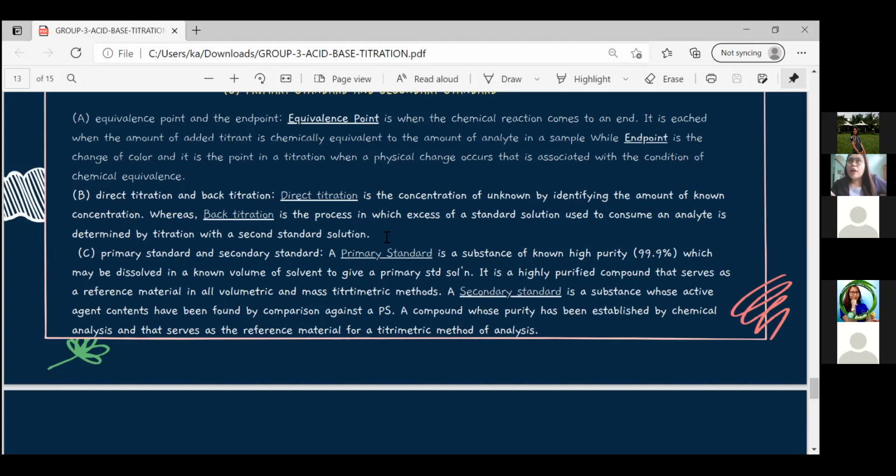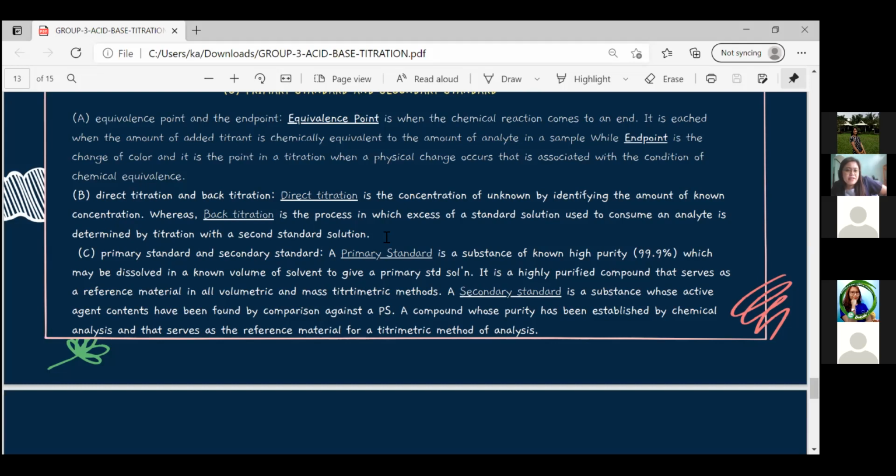We have the sample, then we add an excess amount of the first titrant. For example, with sodium bicarb, we add sulfuric acid directly into the sample. After that, we titrate it with another titrant. Meaning in back titration, there are two titrants. That is the difference between direct and back titration. Okay?